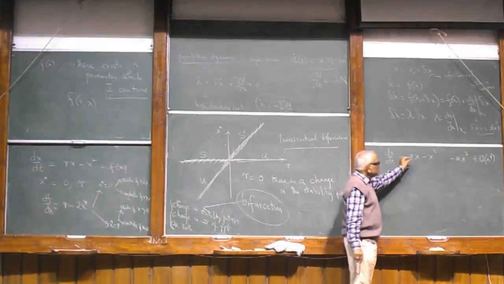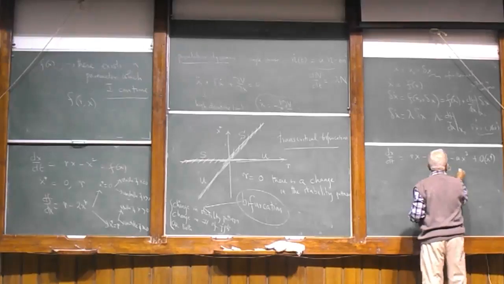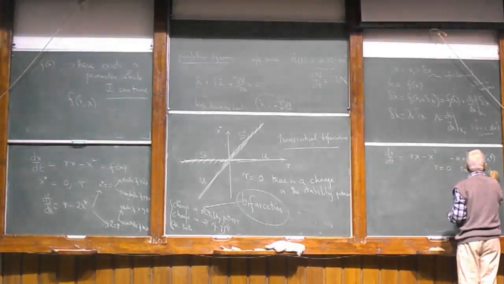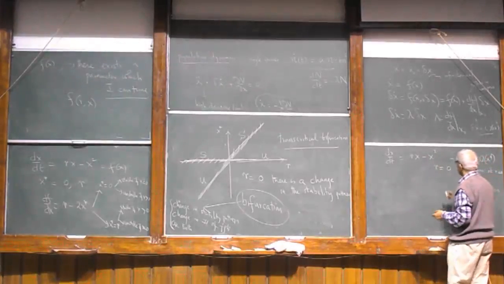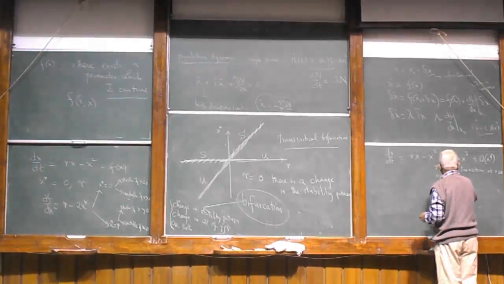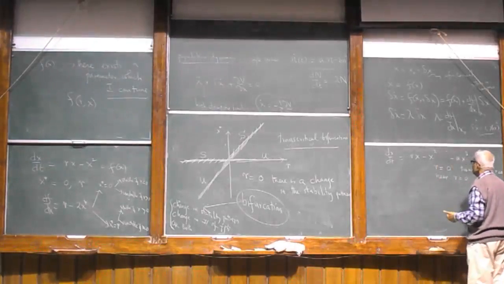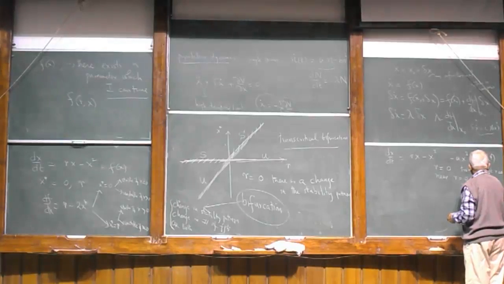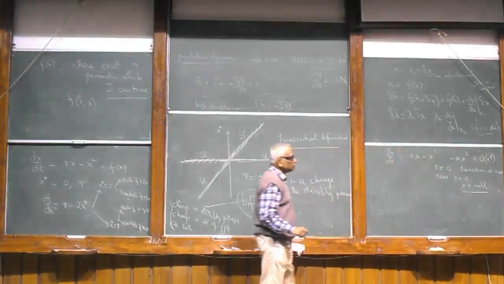Imagine that you are near the transition. The transition is occurring at r equal to 0, and you are near r equal to 0, which essentially means that x is small in some sense.